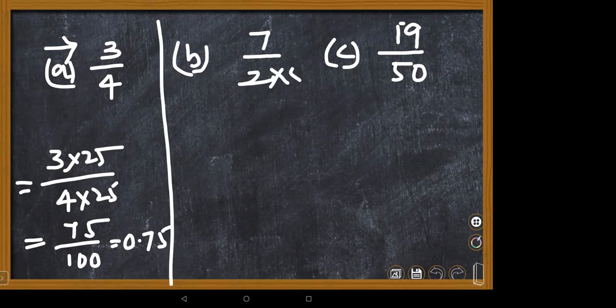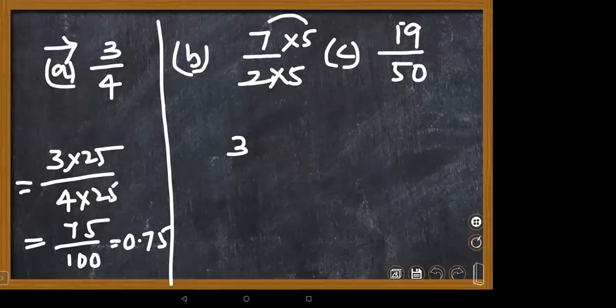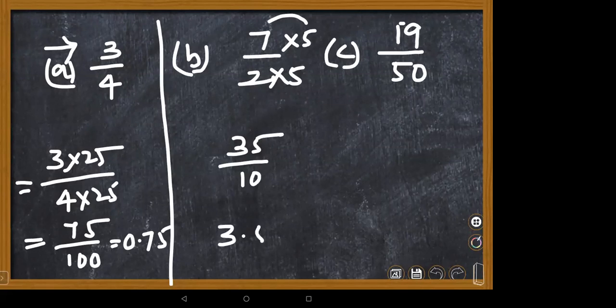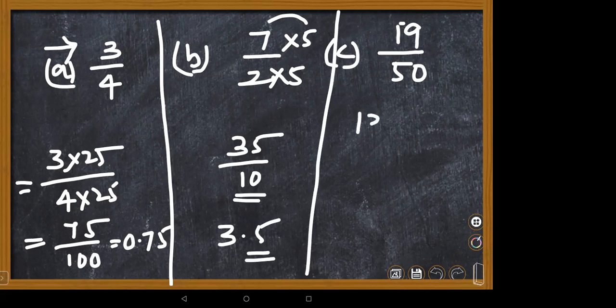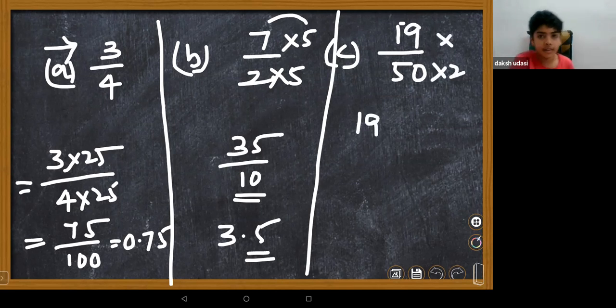Yes, 7 fives are 35. Divide with 10, so it's nothing but 3.5. Only the 1/10 place you have. Next, 19 by 50, you need to multiply with 2, so 0.38.